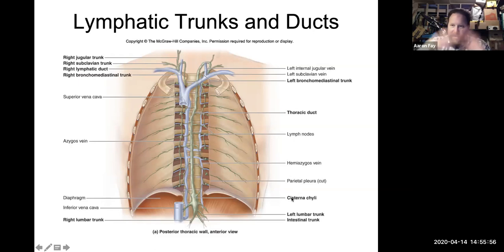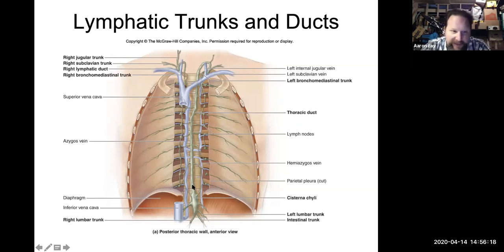Cisterna simply means an underground vessel of water. So it's just basically a container for fluid. What's it containing? Chyle, because it's draining the intestines. Remember, the cloudy lymph draining the intestines, carrying the fats, is called chyle. So the intestines and the lower legs drain into this large structure called the cisterna chyli.